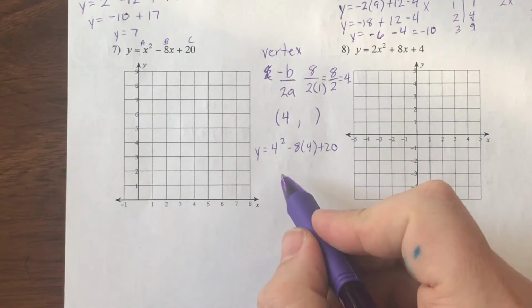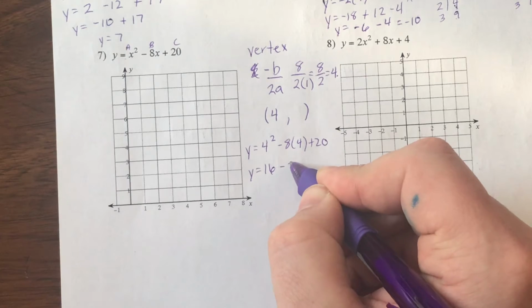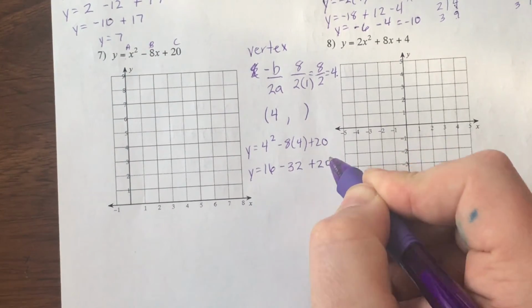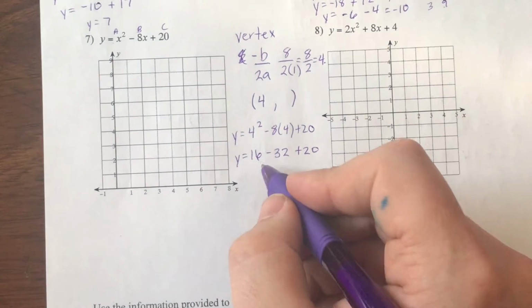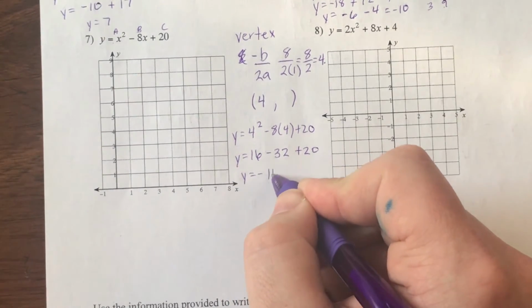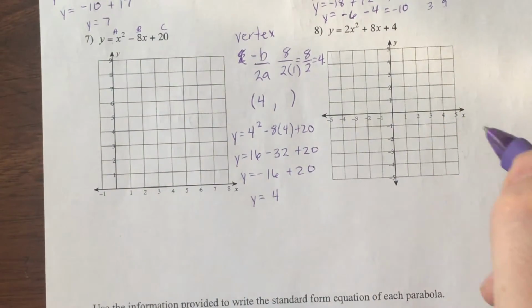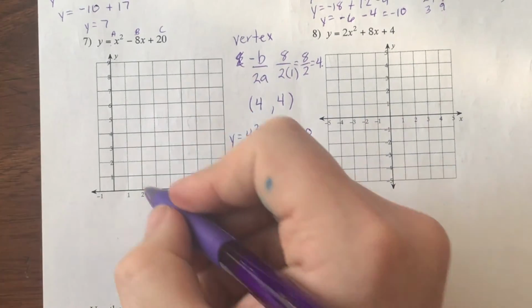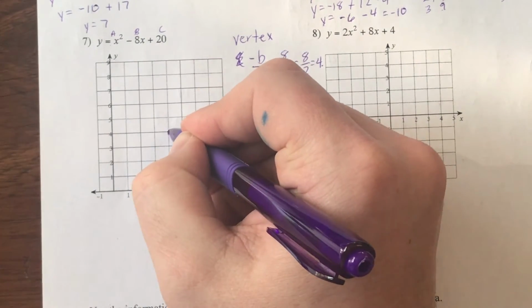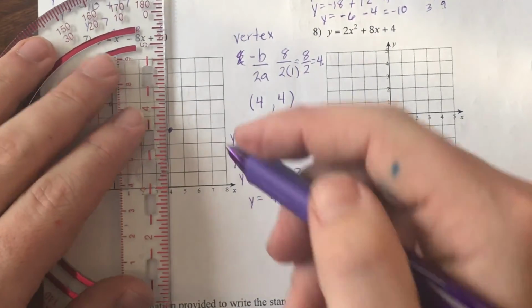So based on that, y equals 16 minus 32 plus 20. 16 minus 32 is going to be negative 16 plus 20. Negative 16 plus 20 will actually be 4. So I have 4. That's my vertex. I'm going to draw my line of symmetry here.